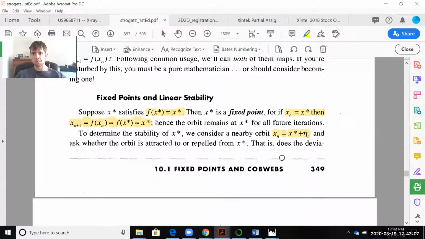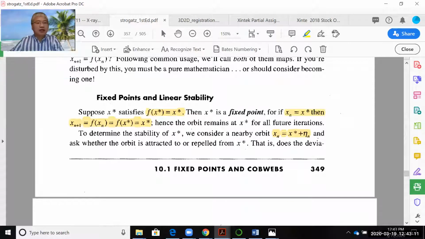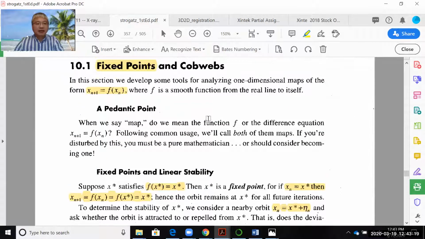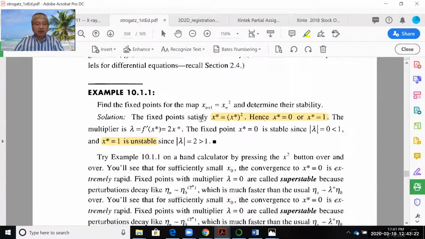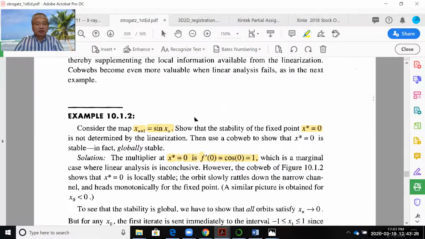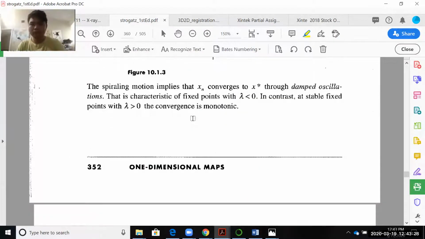So we were talking about... what were we talking about? Last time I think I passed the fixed point. Did I do this?